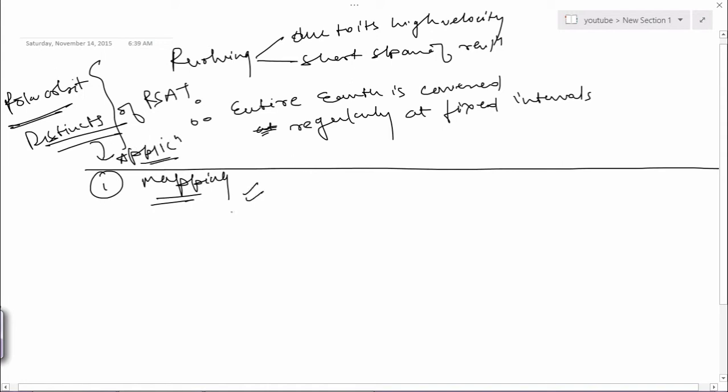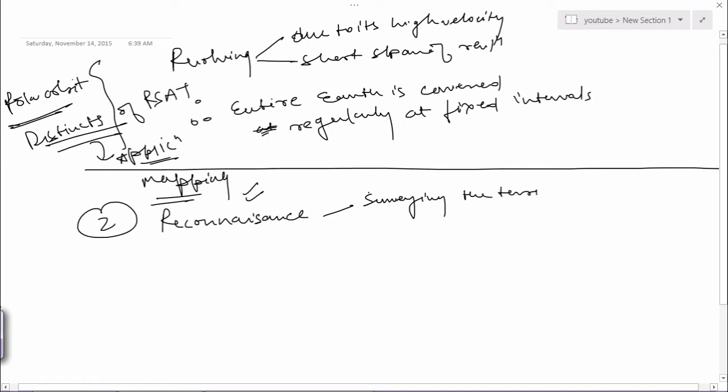So mapping, we understand why that takes place, because of the RSAT, and on a related note is reconnaissance activity, that is surveying the territory or arms and ammunitions of the enemy.